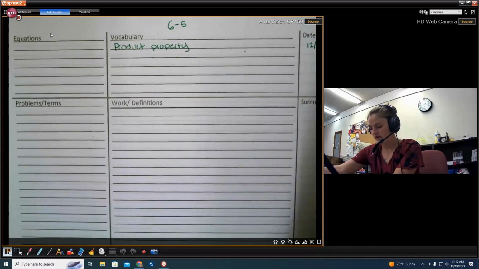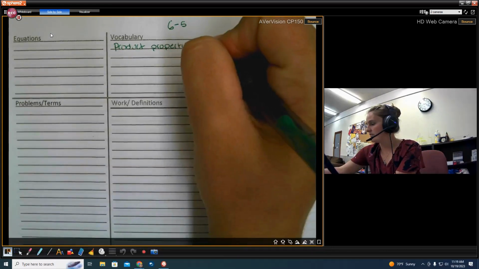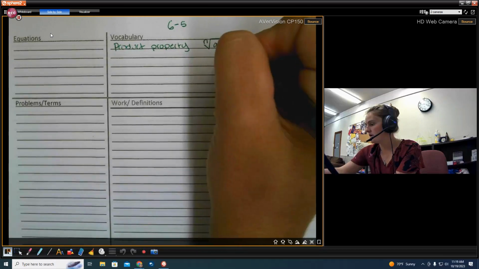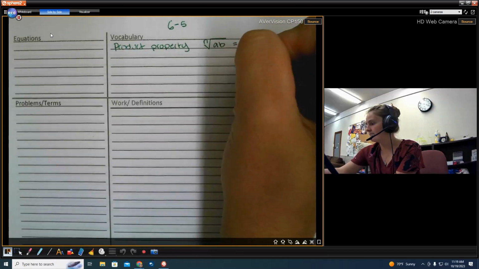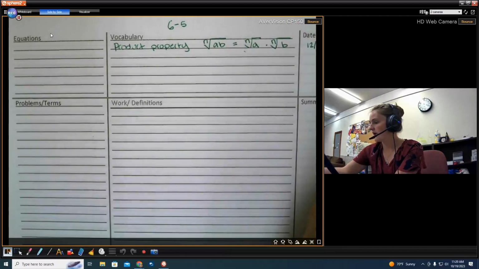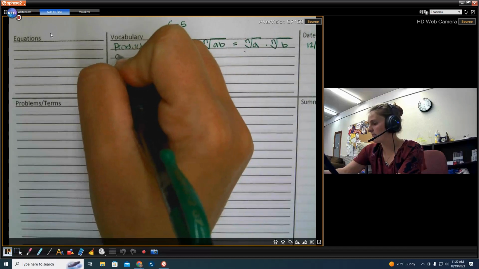Okay, so product property is if we have things multiplied under a radical, we can separate them under the same index radical. Okay, and then our quotient property.